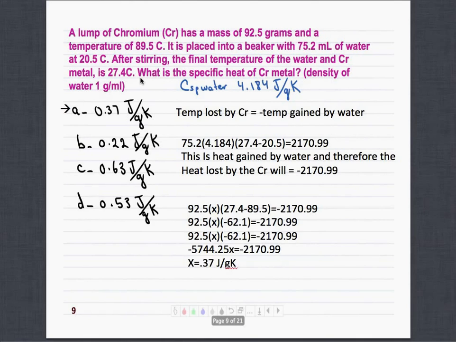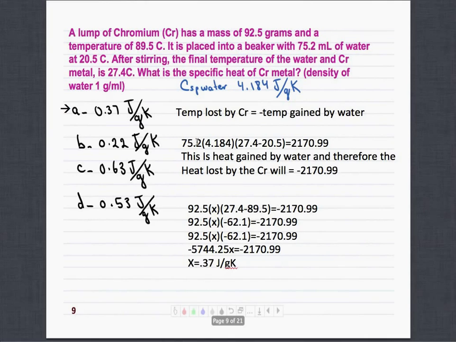Then I can calculate the mass, which is the density times the volume. So it is 1 gram per milliliter multiplied by 75.2 milliliters. Since the density of water is 1, the mass equals the volume. So now I know I have 75.2 grams of water.